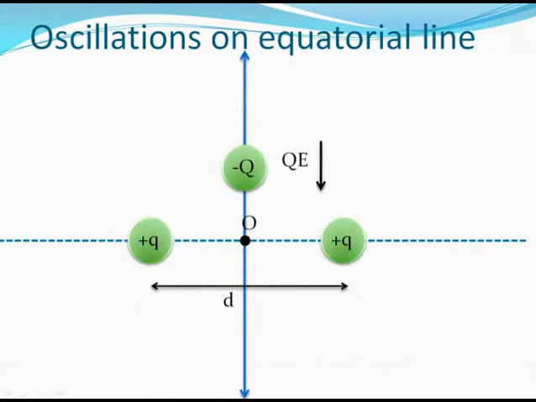Remember, we just calculated that the electric field on the equator because of 2 positive identical charges is only along the y-axis. The x components E cos theta cancel each other and the field is 2E sin theta, remember? So the net force that acts on this minus q charge will be QE in the negative y direction.